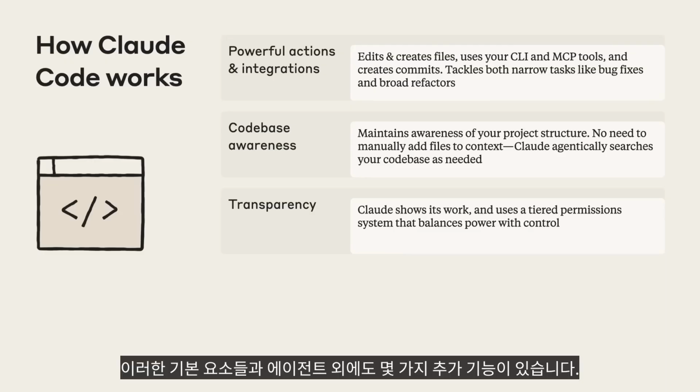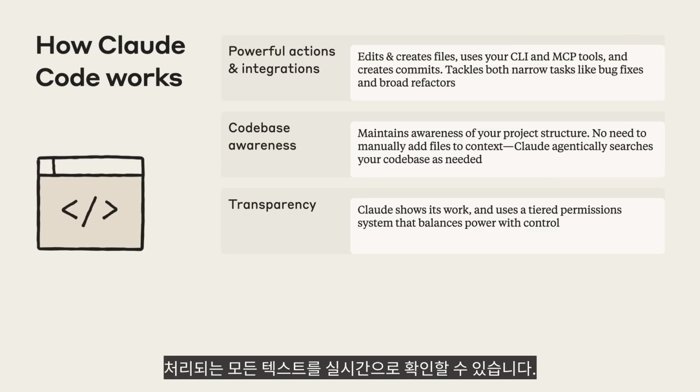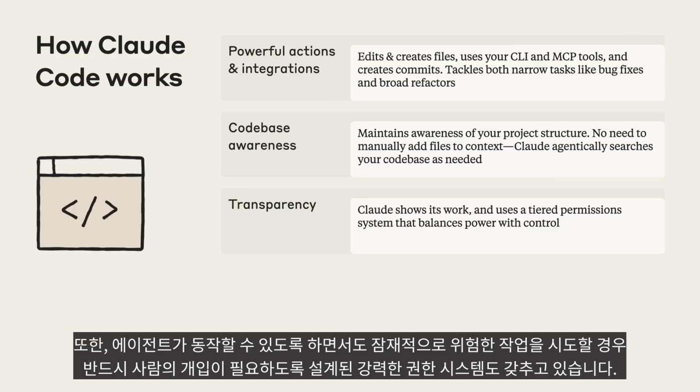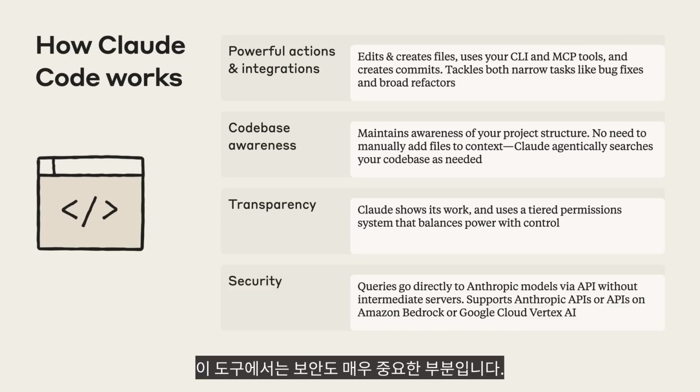And then on top of these primitives, on top of this agent, we have a few things. We have a very nice, light UI layer where you get to watch Claude Code work. You see all the text fly by. And we have this nice permission system that allows the agent to work and forces the human to butt in when the agent is doing something dangerous. We also care a lot about security in this tool.